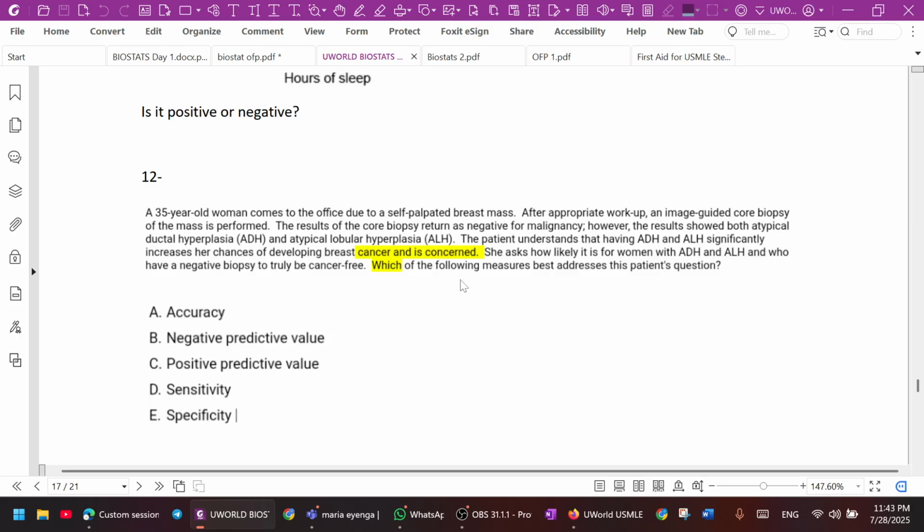The patient understands that having ADH and ALH significantly increases the risk of breast cancer and is concerned. She asks how likely it is for women with ADH and ALH who have a negative biopsy to be truly cancer free. Which of the following measures best addresses this patient's question?